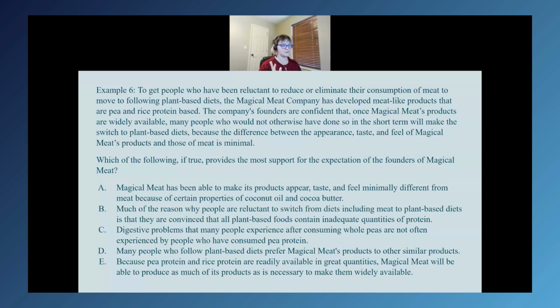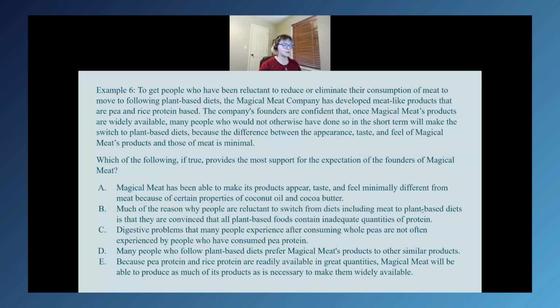So what this does is it rules out a malicious variable that perhaps the author had not considered by saying, hey, even if sometimes people have digestive issues with peas, that is not true of the form of peas that we are using in this meat-like product. So C is looking good.